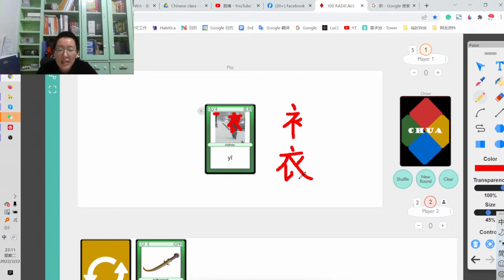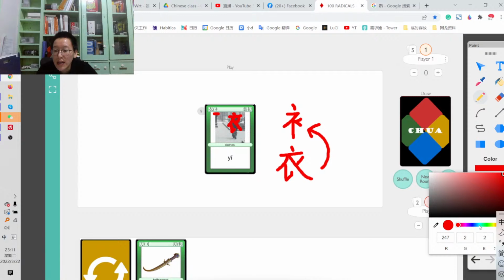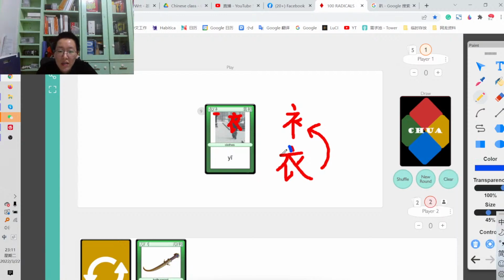Originally we write like this, and then we simplify it to like this. How could we do that? Let's try. So it's more like making it thinner and smaller.